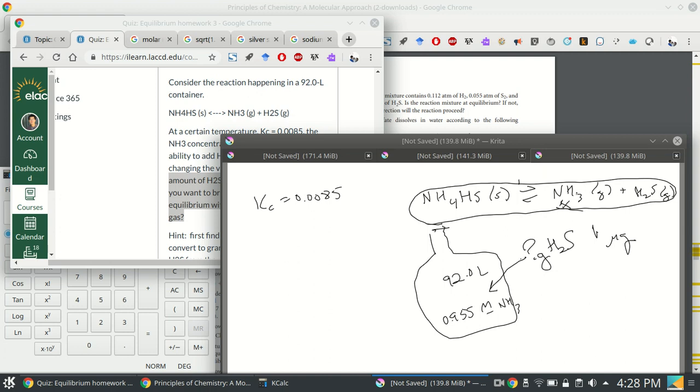You're going to have a lot of excess ammonia gas, because 1 microgram of hydrogen sulfide gas is like 300 times less than 1 micromole of hydrogen sulfide gas. And this container is almost 100 liters. So this is almost no hydrogen sulfide gas at all. So it's going to come to equilibrium, but with a whole bunch of extra ammonia gas.